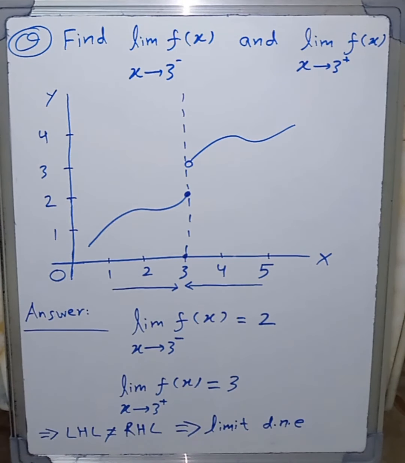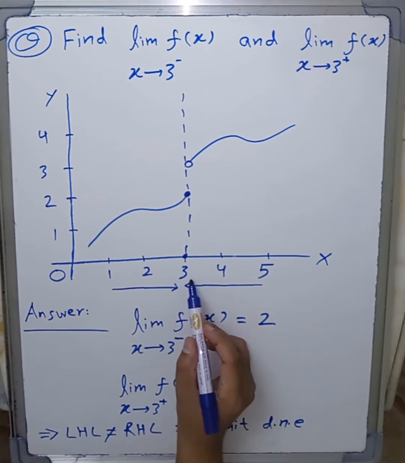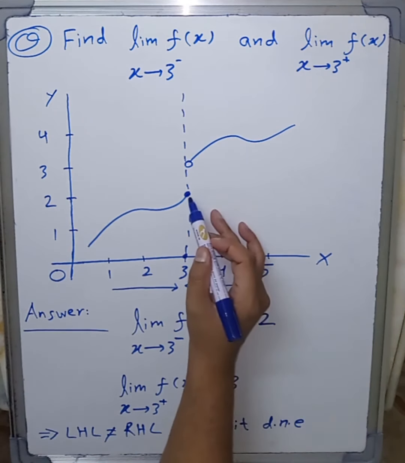And one more thing I would like to highlight once more, that whenever we are dealing with questions on limits, we are not interested in the value of the function at that point. We are only interested in what is happening at the left side and what is happening at the right side. Like in this question, at 3, the value is 2.